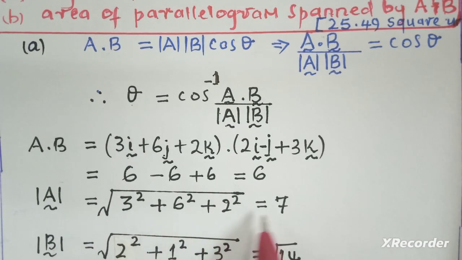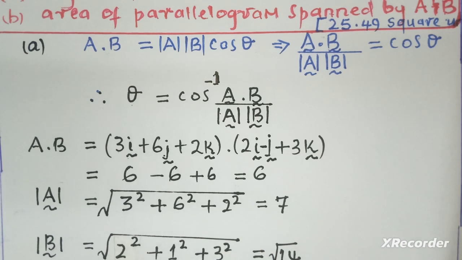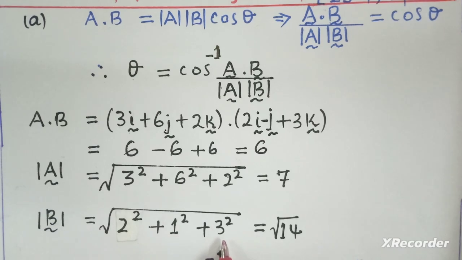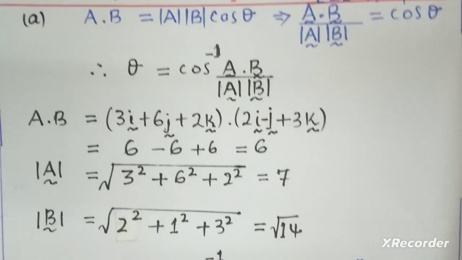So when you do the square root of that, you get 7. That is now the magnitude. And for B likewise, you go to the vector B, then you square the coefficient of I, which is 2, coefficient of J, which is 1, and coefficient of K, which is 3. Then you find the square root, that is the square root of 14.